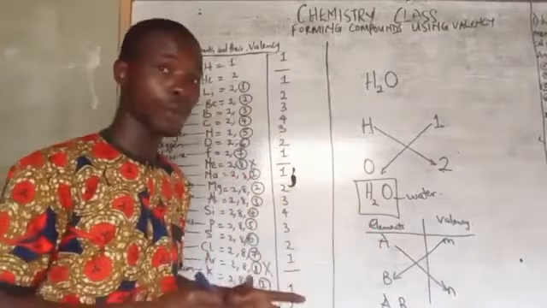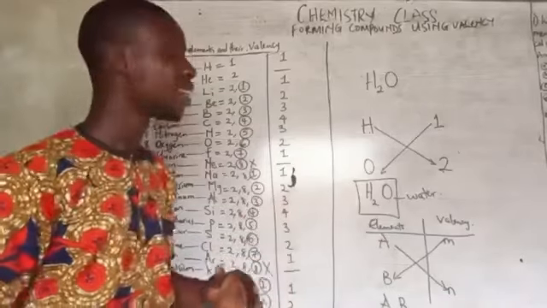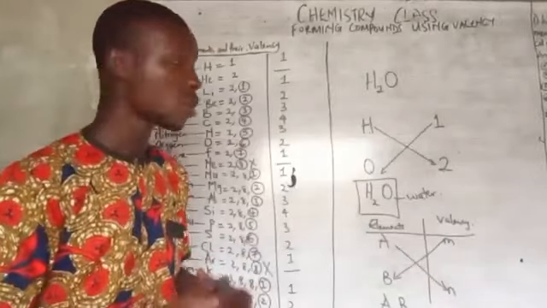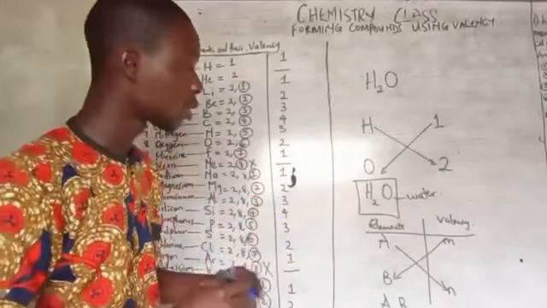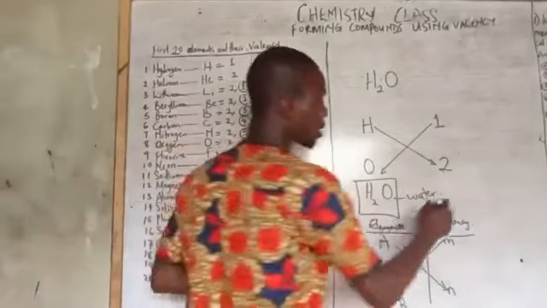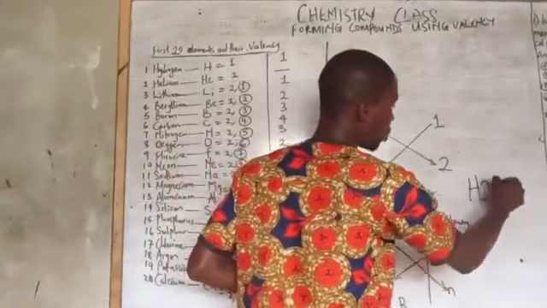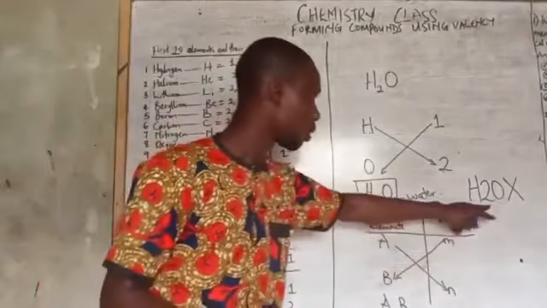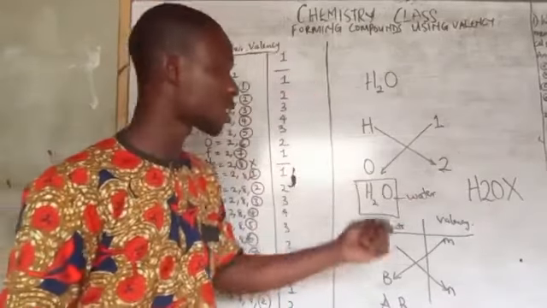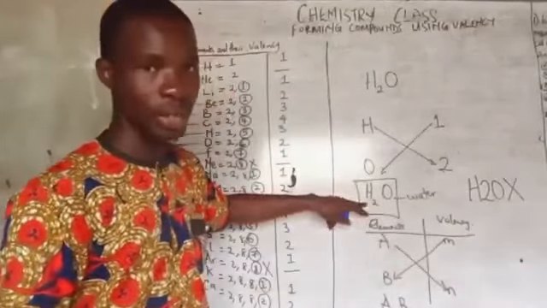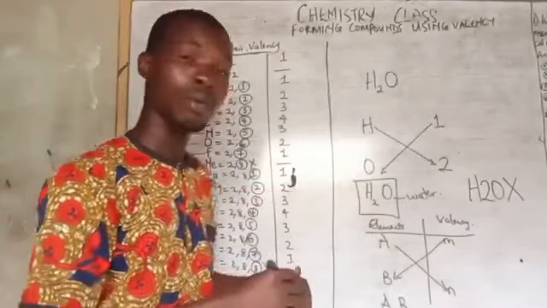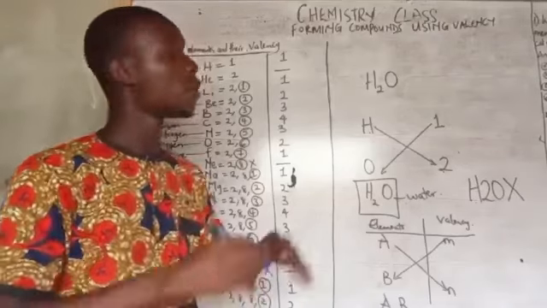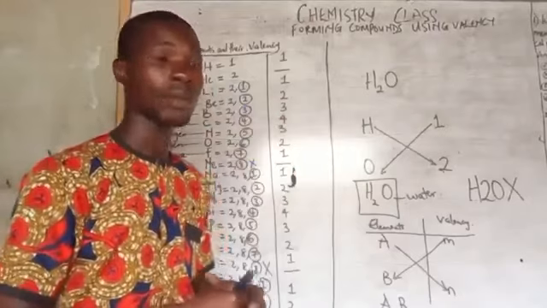We should be careful and put this into consideration that the valency is usually written as a subscript. So when you are writing a compound, take for example water, if you write H2O this way, then you would be wrong because the number for the valency is written as a subscript, just as you can see right here.